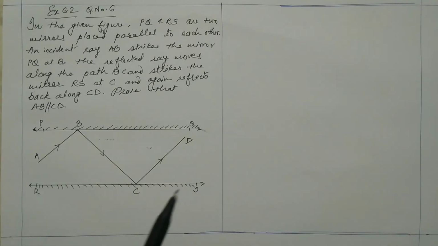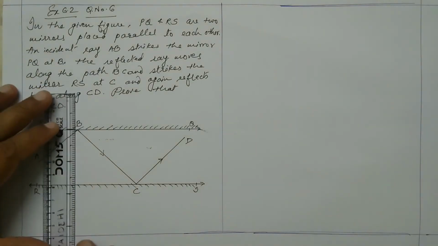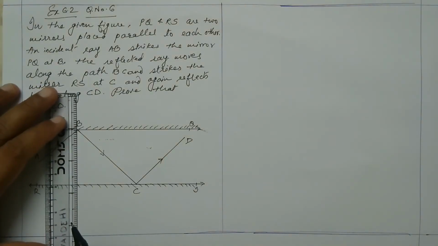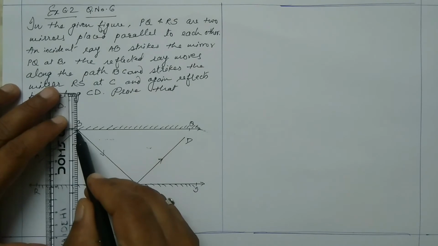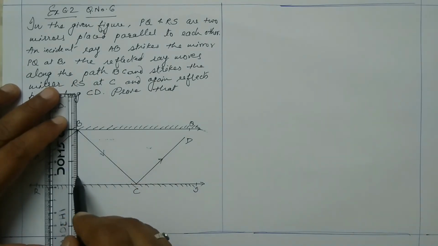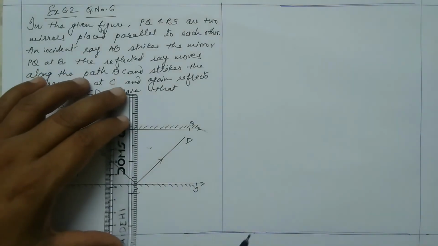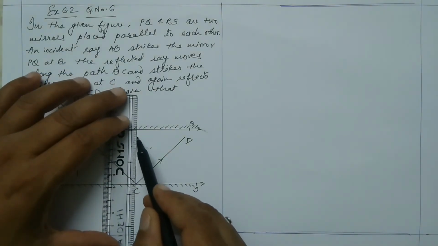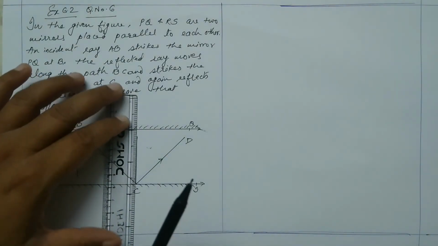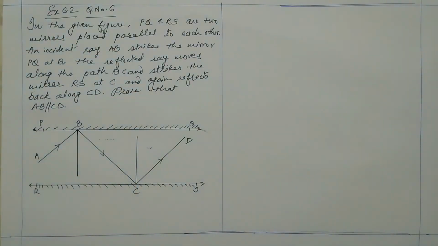For that purpose, we will do a construction at point B. We will draw a perpendicular, which in the language of physics is called drawing a normal at point B. So this is a normal at point B, and this is also a normal at point C. You have studied in physics the laws of reflection from a plane mirror.